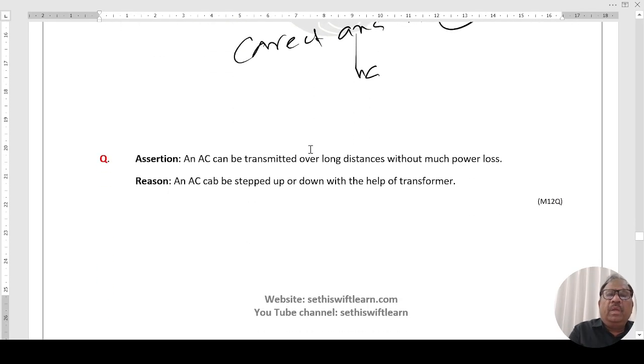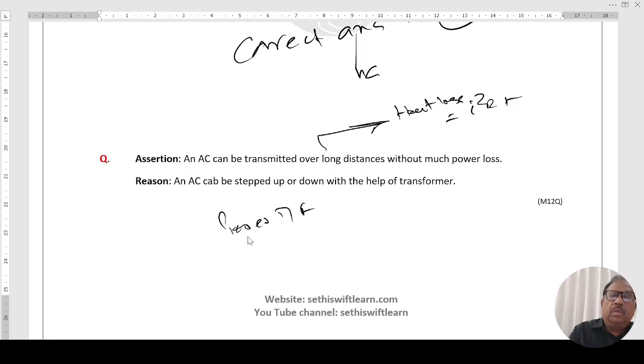Next question. An AC can be transmitted over long distances without much power loss. Yes, this is correct, as heat losses are I square RT. Now, in a power transformer, voltage can be increased or decreased.